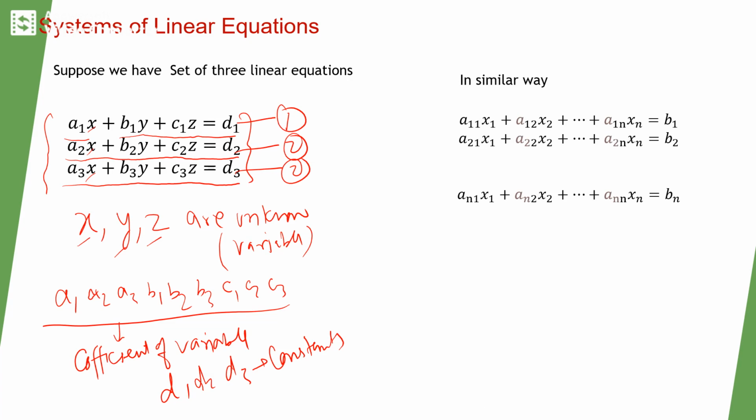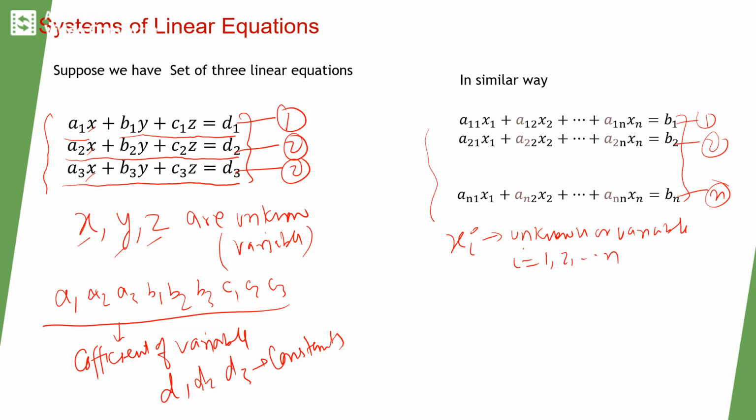So here, in that system, we have 1, 2 and so on up to n equations, and we have n unknowns. Here xi are the unknowns or variables; there are n variables where i is equal to 1, 2 and so on up to n.